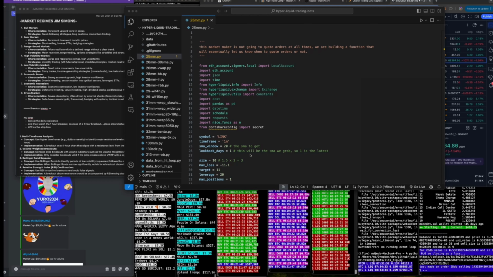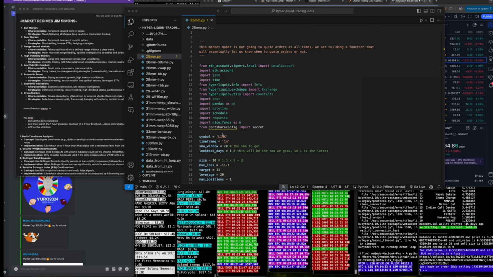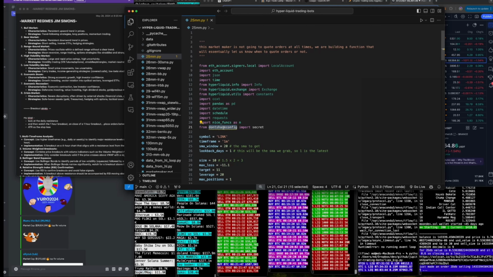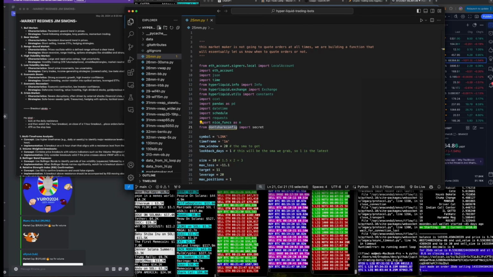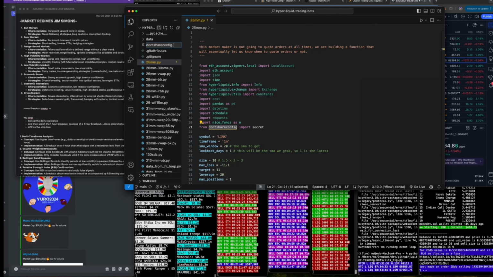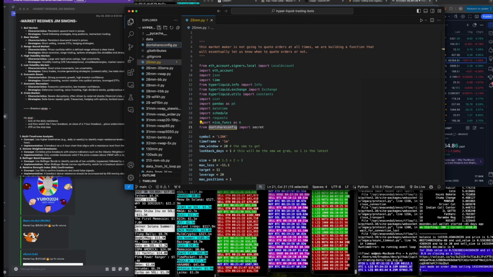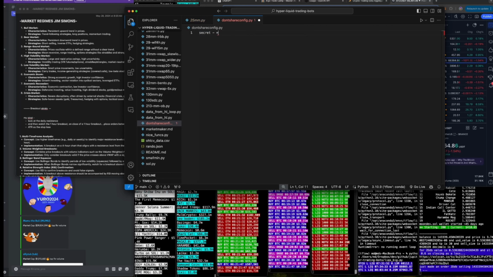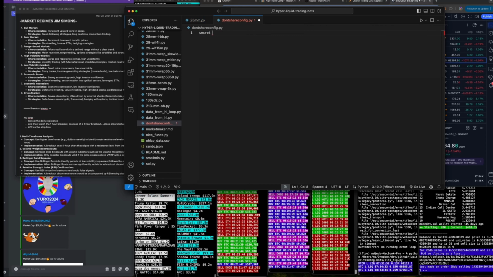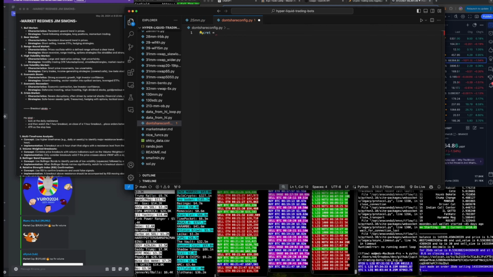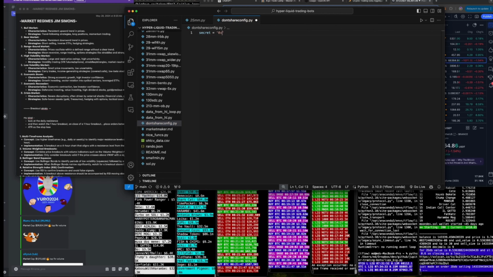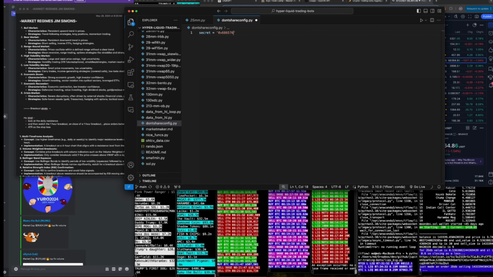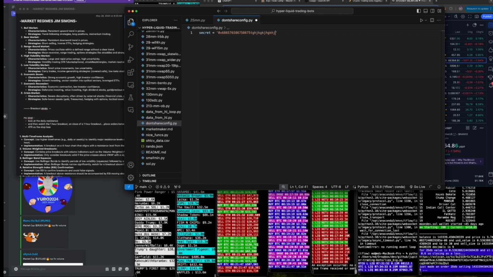I got to get a don't share config up in here. As you can see, doesn't have mine right now. So I'm going to say don't share config here, .py. And then I'm going to make a secret. This is going to be my literal private key, so be careful with this one. I'm going to make it like this. It's going to be my private key on Hyperliquid. I got to get my private key.